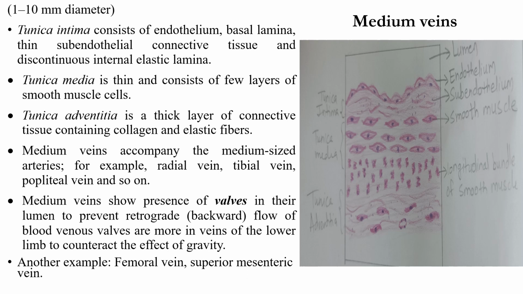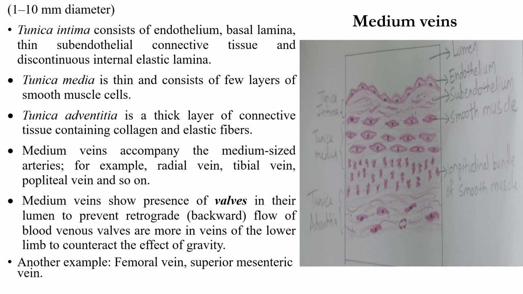Then the medium-sized veins accompany the arteries, like a radial vein accompanies radial artery, tibial vein accompanies the tibial artery. So mostly they accompany the arteries, and medium-sized veins show presence of valves in them, and these valves prevent regurgitation of blood or backward flow of the blood through the venous walls, and these are most prominent in the lower limb, as the venous return in the lower limb is against gravity.